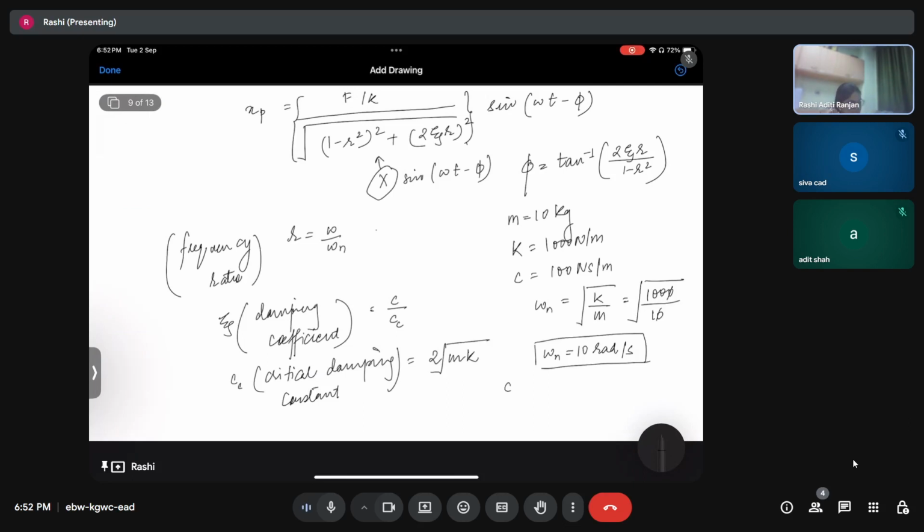Then Cc is twice of under root mk. This will be 200. So eta, which is c by Cc, can be written as 100 by 200, which is 0.5.